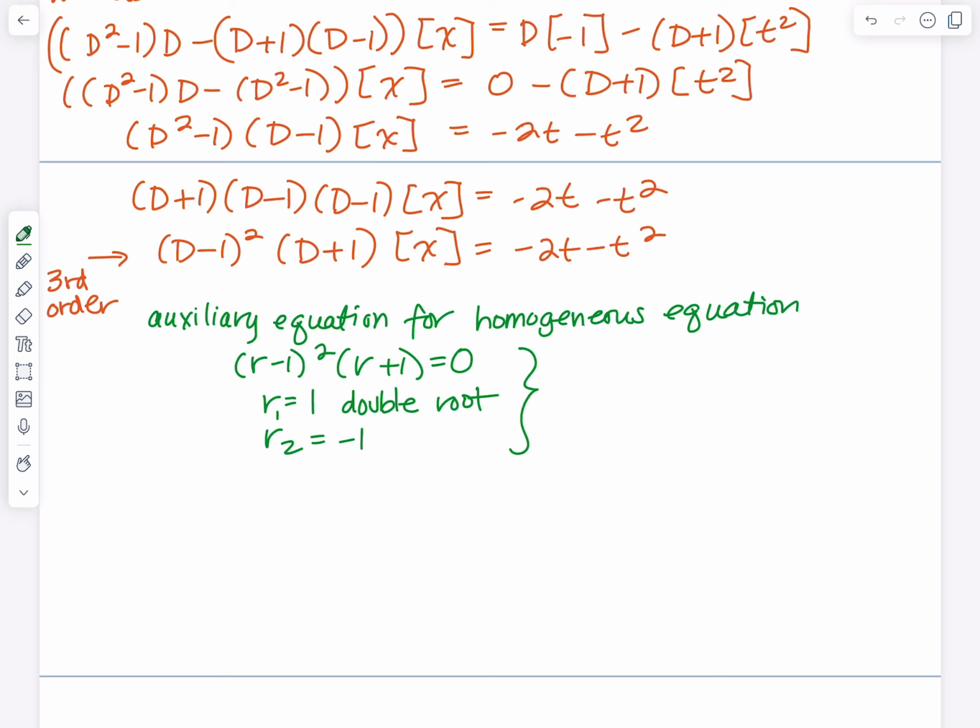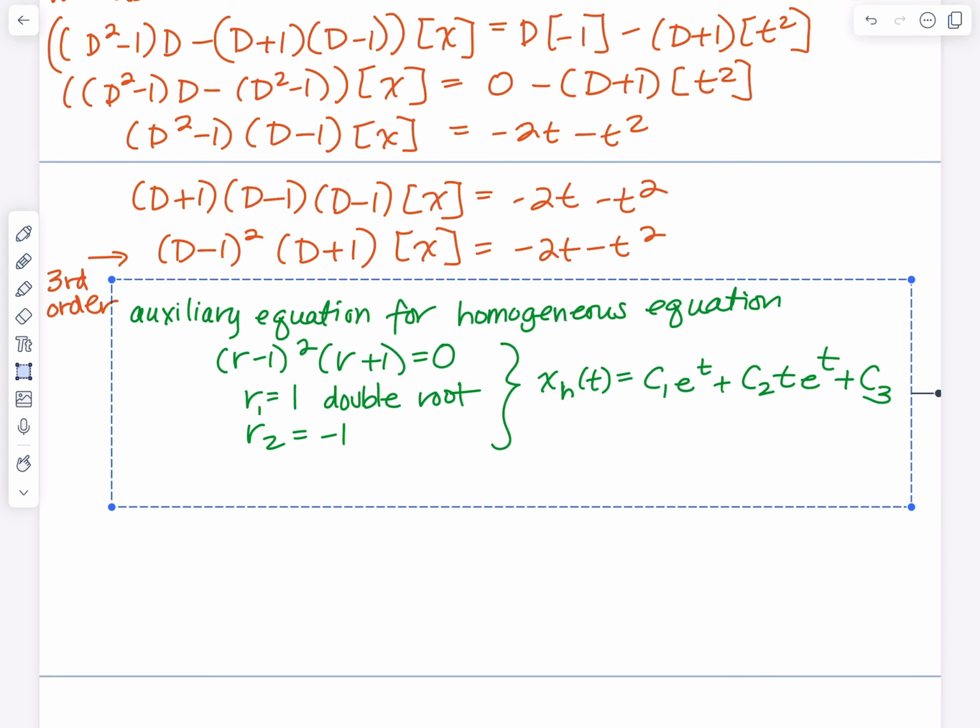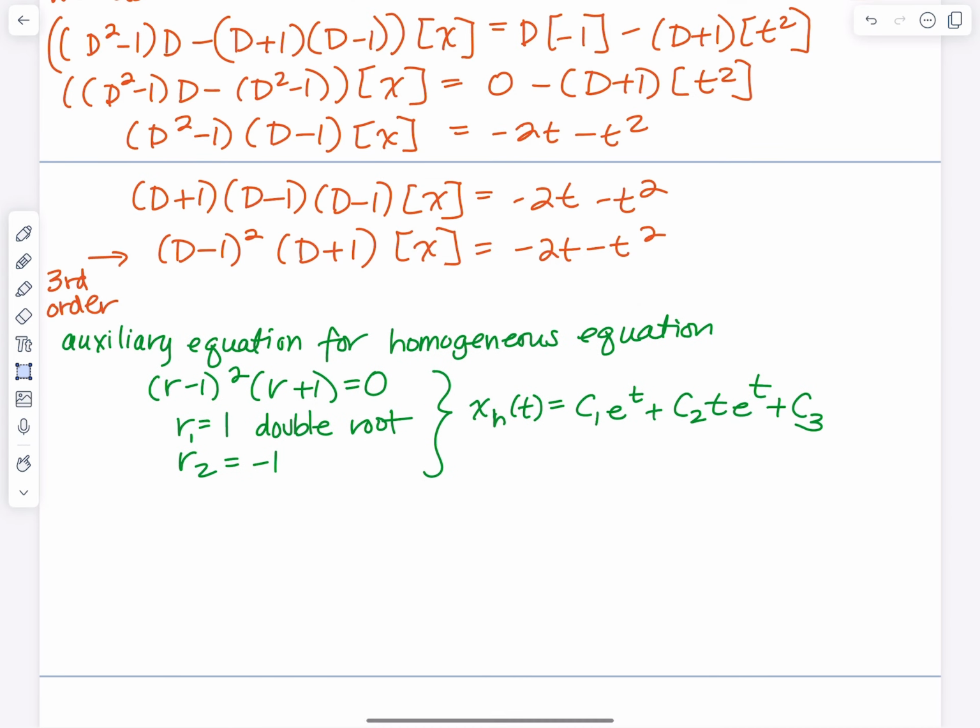And that will give us xh of t equal to c1 e to the t plus c2 t e to the t plus c3 e to the -t.